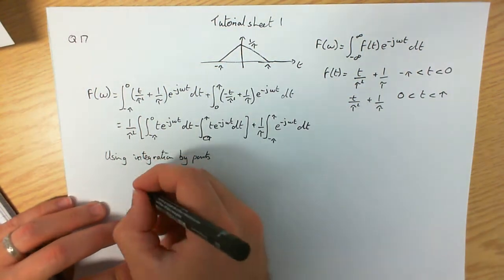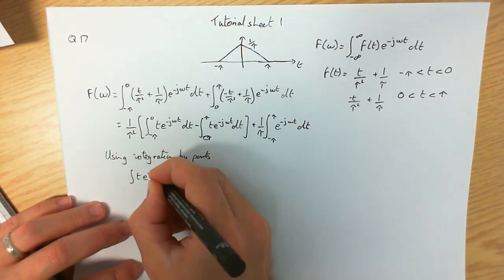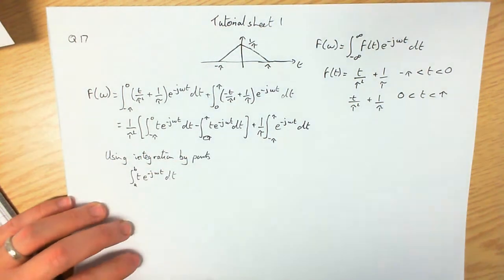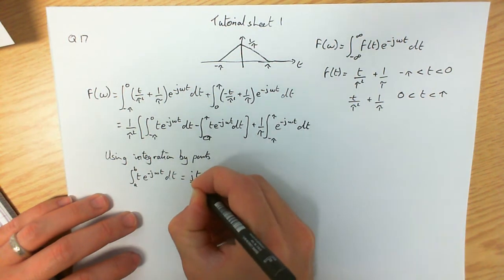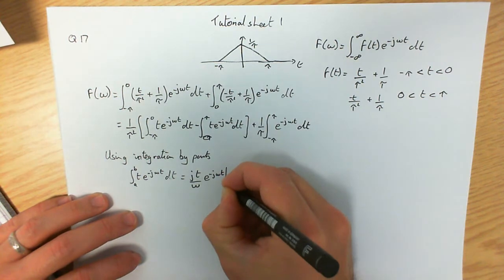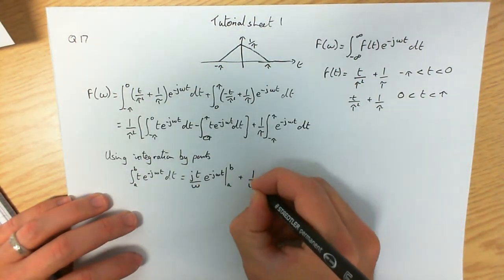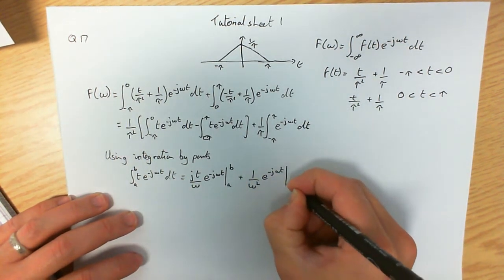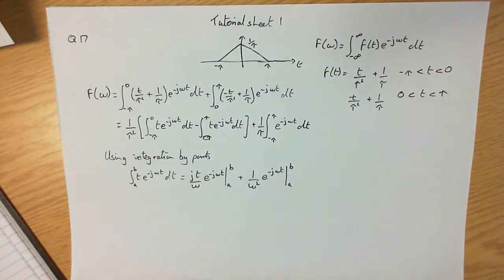So the integral of t e to the minus j omega t dt between the limits of a and b is equal to jt over omega e to the minus j omega t between the limits, plus 1 over omega squared e to the minus j omega t between the limits a and b. So that's the integration by parts, and we need that for this thing here.